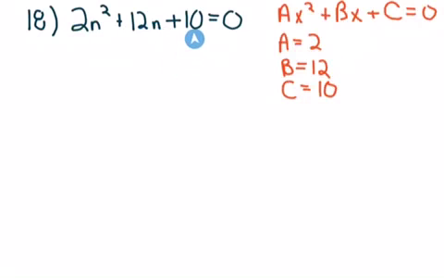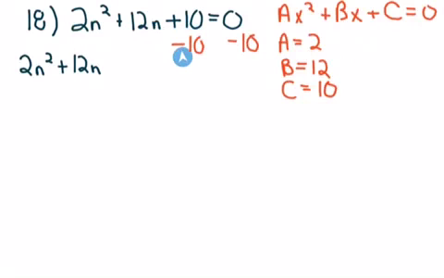But this 10 is causing a problem. This 10, we said the constants we want to be on the right-hand side of the equation. So I need to move this 10 over here by subtracting 10 from both sides. And what I get after I do that is 2n squared plus 12n.